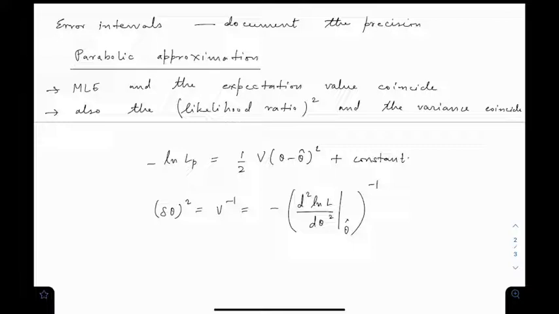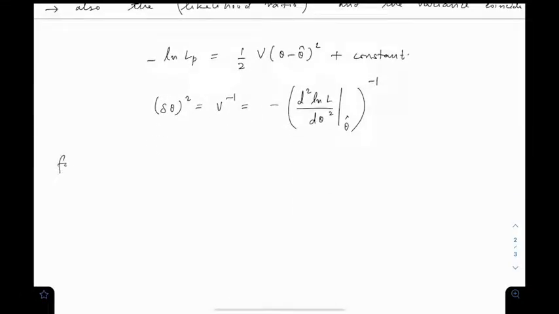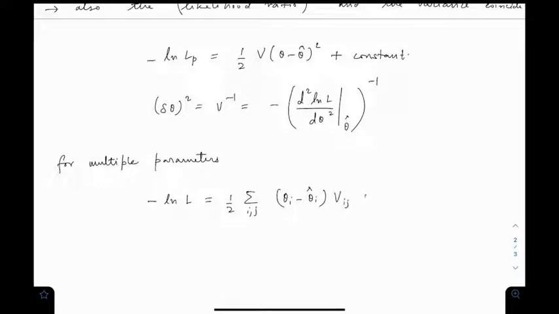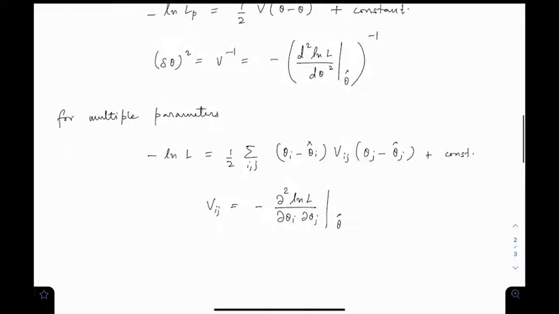For several parameters, the parabolic approximation can be expressed by the following, and we obtain the symmetric weight matrix from the derivatives. And the covariance or the error matrix from its inverse.